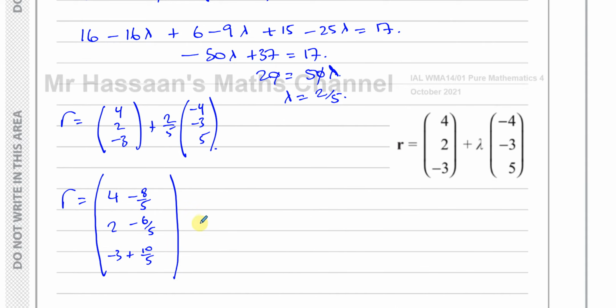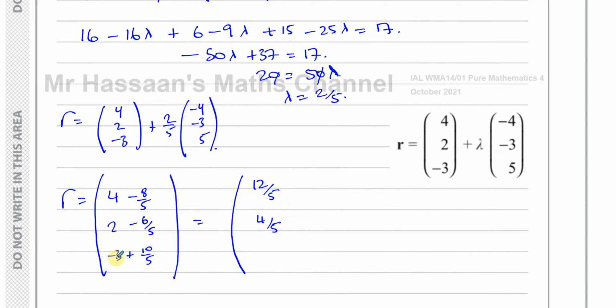And that's going to give us our position vector for x. So you have 4, that's 20 over 5 minus 8 over 5, which is 12 over 5. And you're going to have 10 over 5 minus 6 over 5, which is 4 over 5.